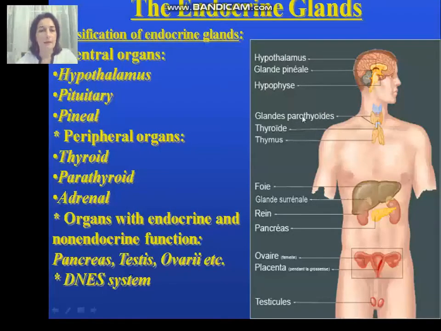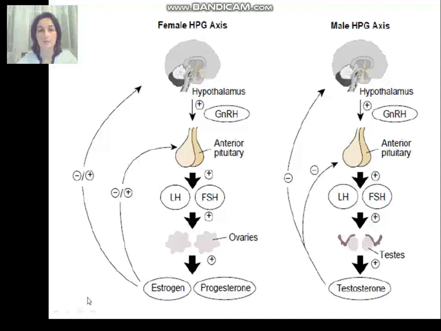So the endocrine glands: the central organs are the hypothalamus, pineal gland, and hypophysis. The peripheral glands are the thyroid, parathyroids, and the adrenal glands, and then the organs with endocrine and non-endocrine function: pancreas, testes, ovary, etc. And finally, the DNES.